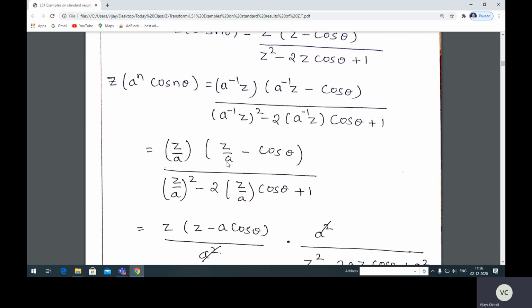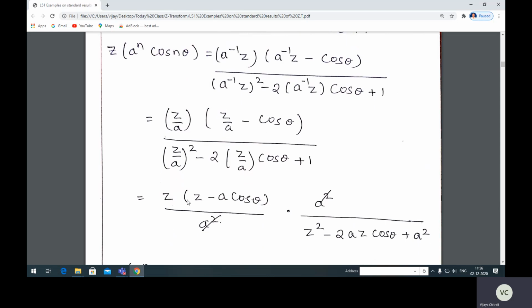Here the LCM is a square. So numerator is (Z minus a cos theta) divided by a, and the denominator is (Z square minus 2aZ cos theta plus a square) divided by a square.